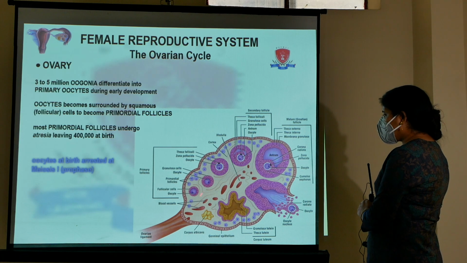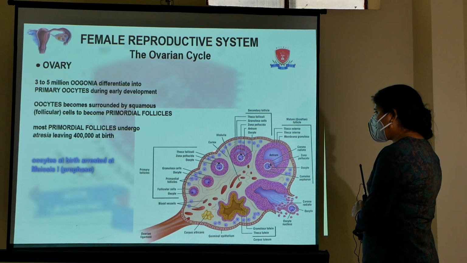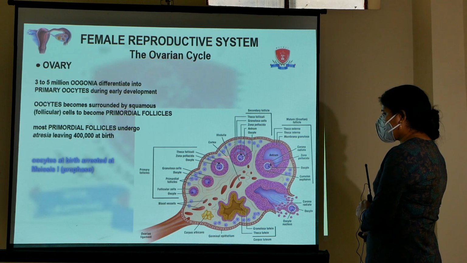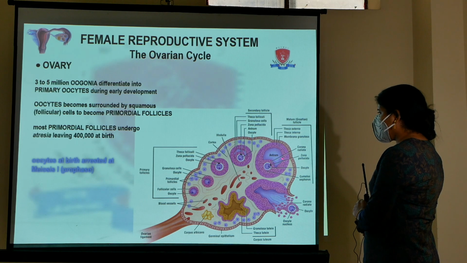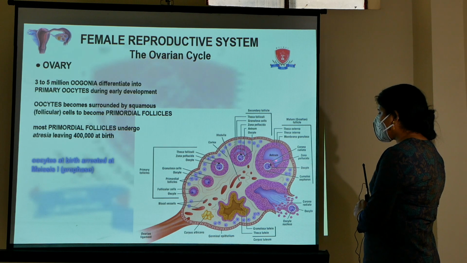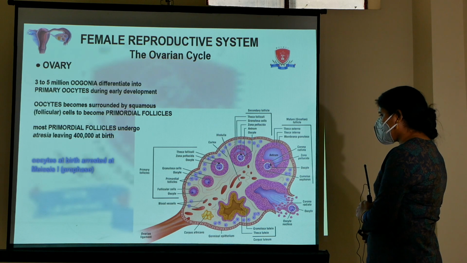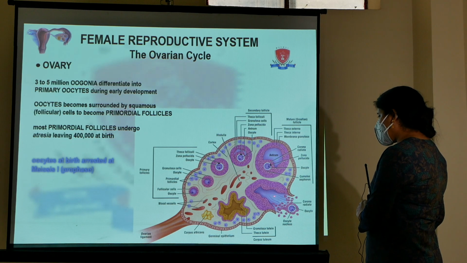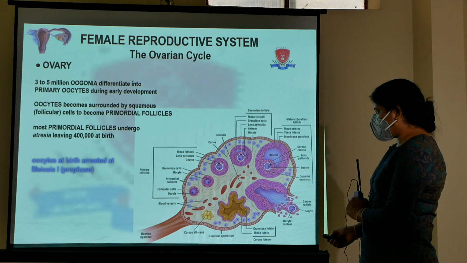Though the duration of the ovarian cycle may vary from 28 to 40 days, the first 14 days are fixed, that is from the primordial follicle to the Graafian follicle, the duration will remain fixed at 14 days. On day 13 or 14, there will be a peak or surge of luteinizing hormone, that is known as the LH surge. And on the 14th day, the ovulation takes place and the ovum comes out.